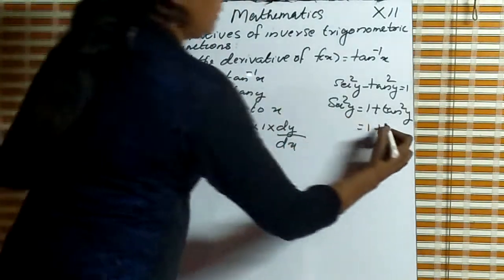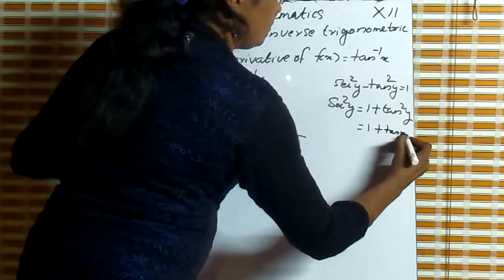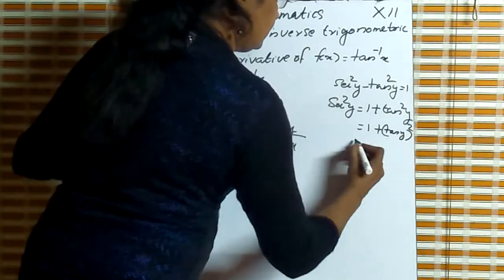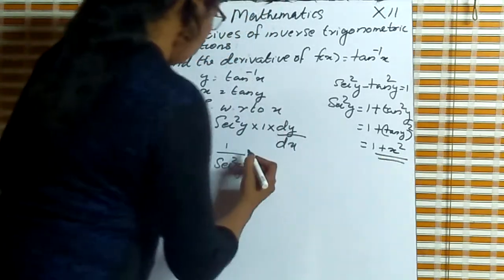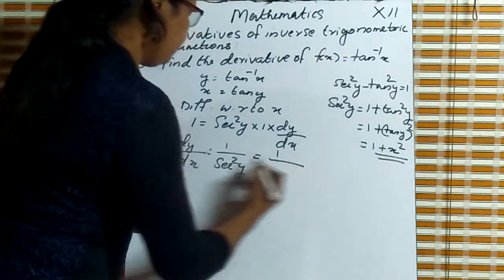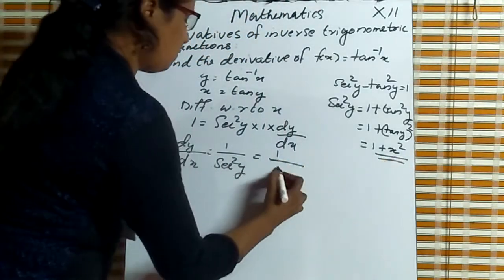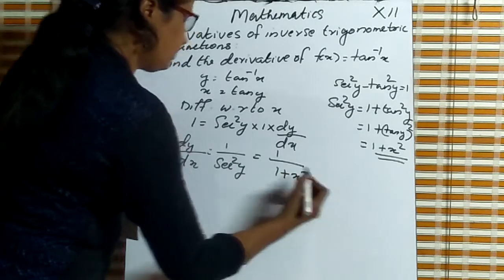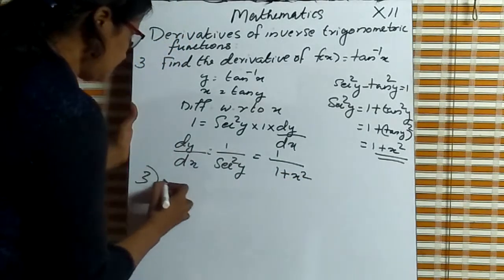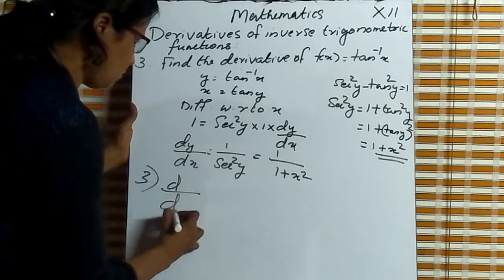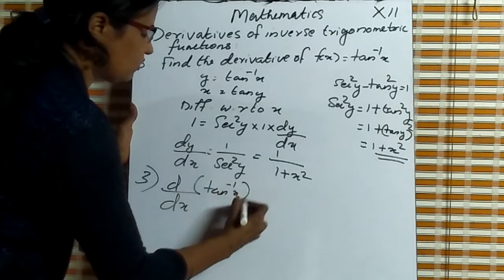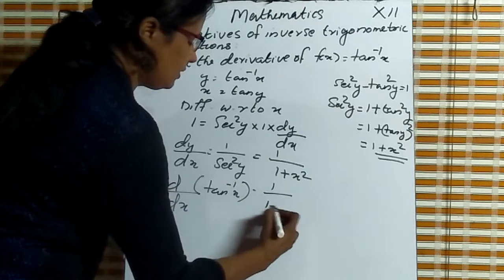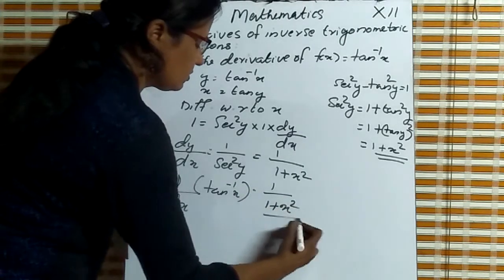So tan y whole square is x square, and sec square y is 1 plus x square. Third result: d by dx of tan inverse x is equal to 1 by 1 plus x square.